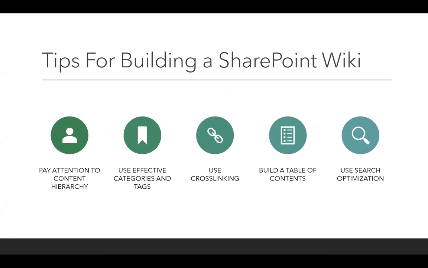But essentially with content hierarchy, the way we really recommend doing it is, if you're going to have one singular wiki for your whole company, as opposed to multiple department wikis, make sure you're organizing it the way that we showed you earlier in the example, where there are different views for different departments.